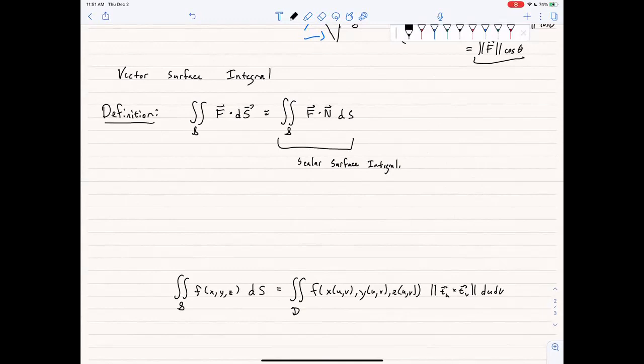So what we want is a notion of that. I looked at the book, the book uses R again, which I'm not a huge fan of, but okay. They use R of u, v. This is their parametrization of the surface.